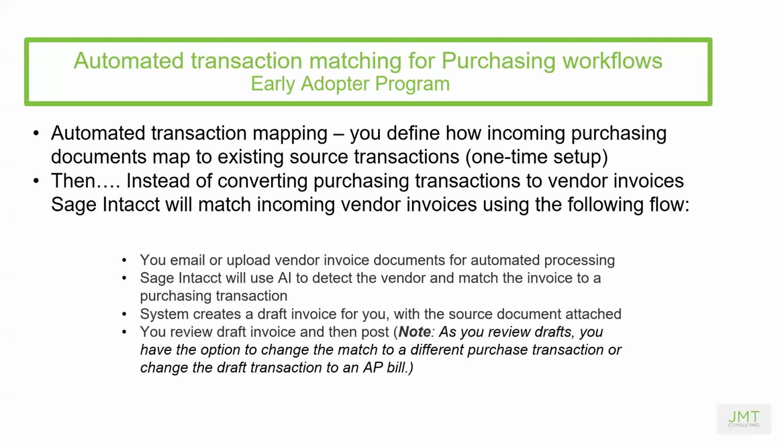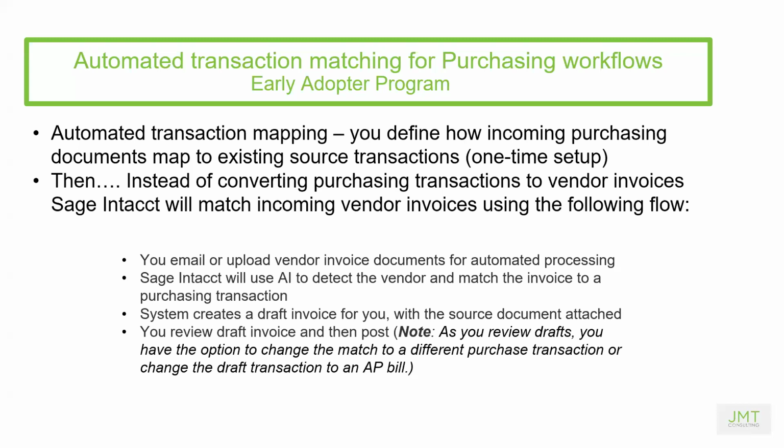A vendor invoice comes in via that email address, and you forward it to the invoice in the purchasing transaction screen. Look at the help documentation for the videos, and the system will match the invoice to a purchasing transaction.